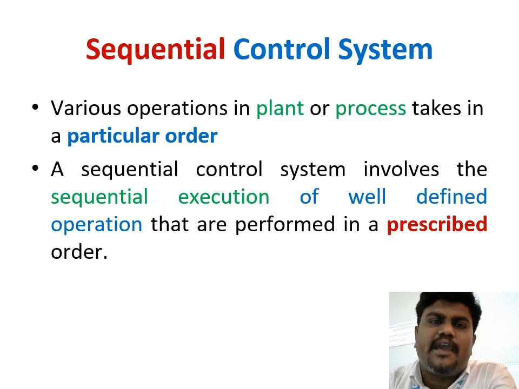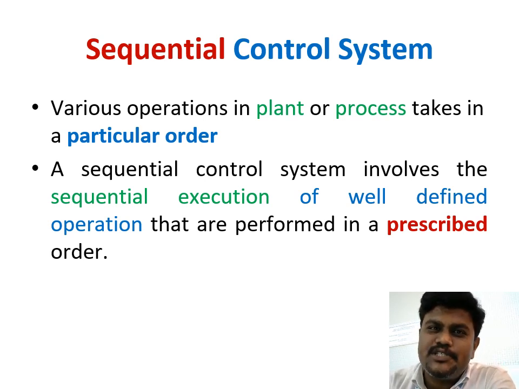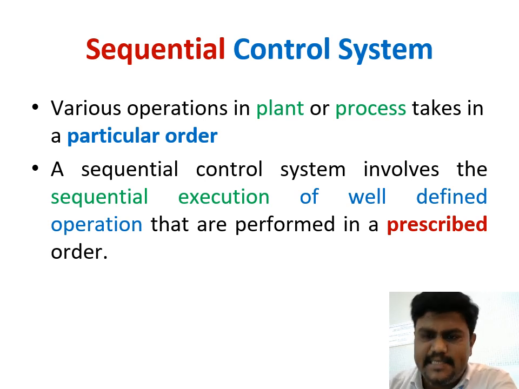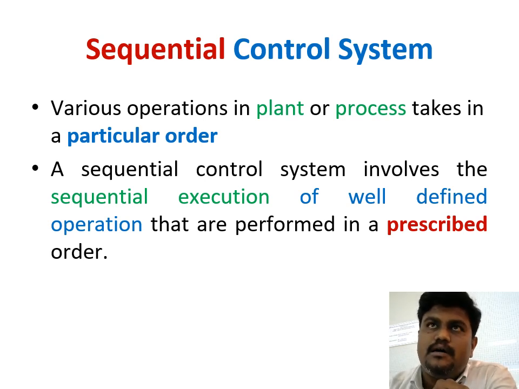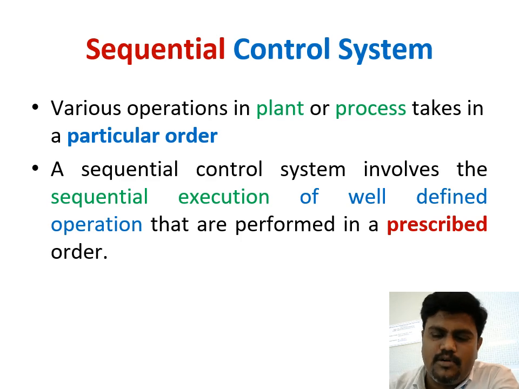As the name indicates, any control system which runs on a particular sequence, you can say that is a sequential control system. The best example of this particular system is your washing machine, because we can set the mode in your washing machine.